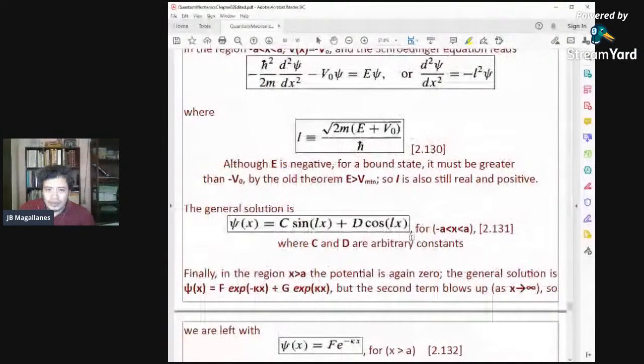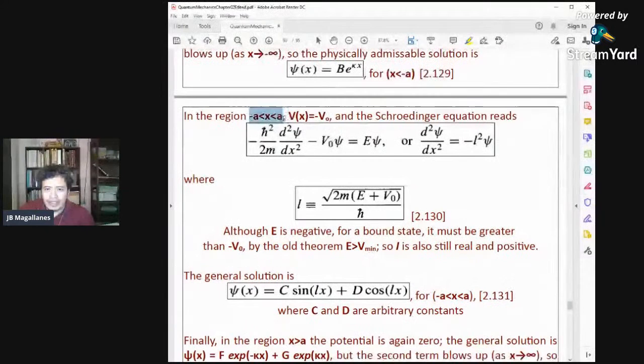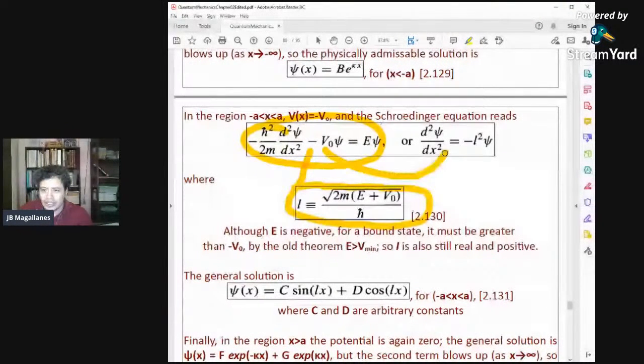For that region, you have V of x equals V0, and you will have this time independent Schrodinger equation. By letting L equal to this, this equation can be transformed into this equation.